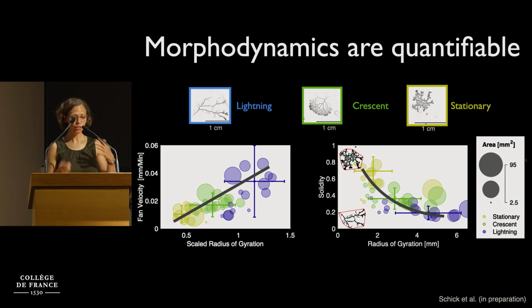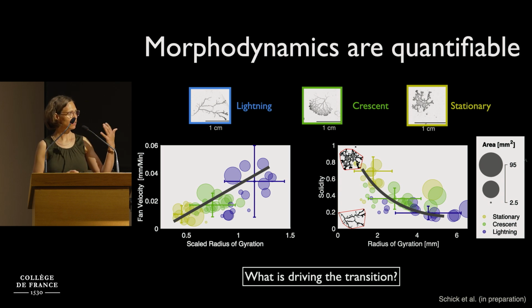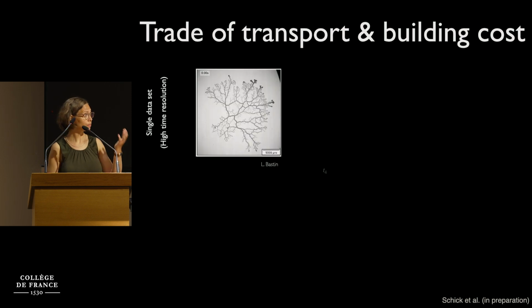So let's stick to this idea that there are costs driving the evolutionary process and actually quantify these costs. The 2 main costs discussed in the literature are the transportation cost, which would be the dissipation due to the friction of the fluid flows in the tubes, and the building cost, which is basically the volume of the entire network.